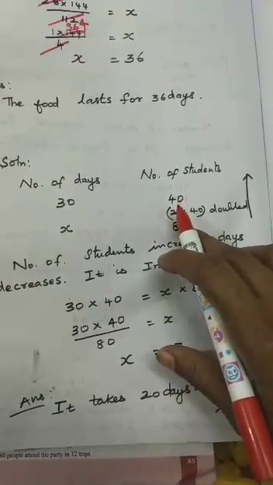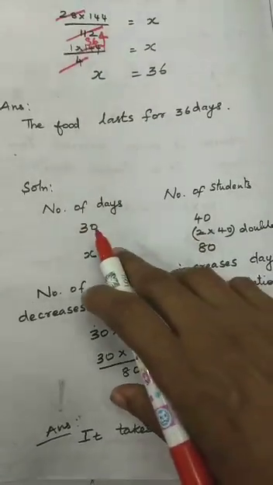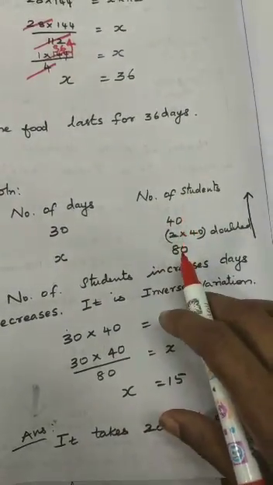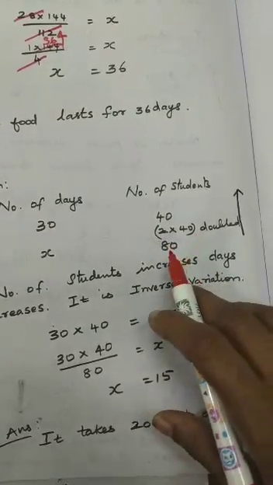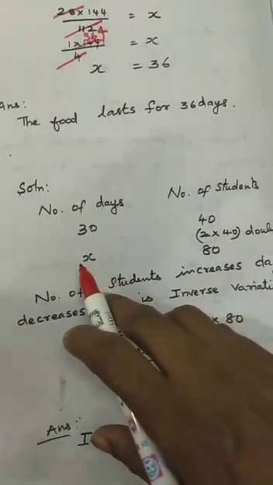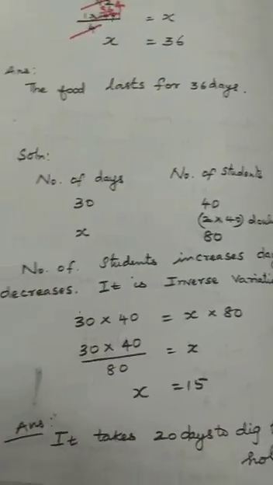For 40 students, they have enough food for 30 days. Now the students are doubled, so 2 into 40, 80 students. Then for how many days will the stock last?